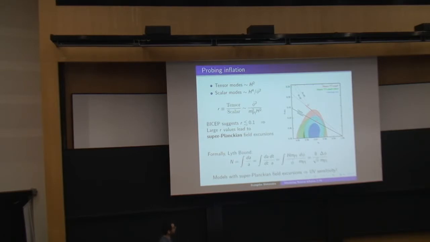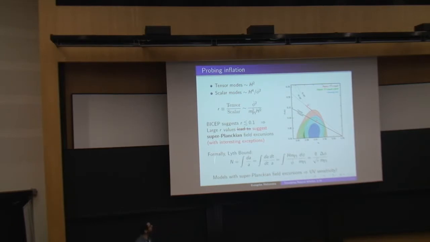Now, that slide would have been okay a week ago, but now I have to remake it and say that large r values at best suggest, are you happy with that? Suggest super-Planckian field excursions, although we have seen that there are very nicely motivated and very fun models that can give large r without that from other sectors.